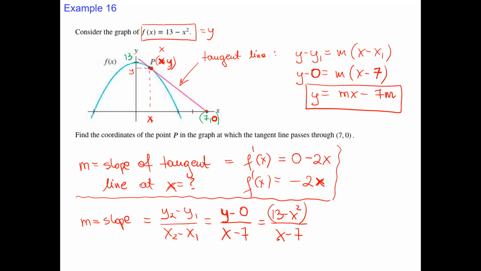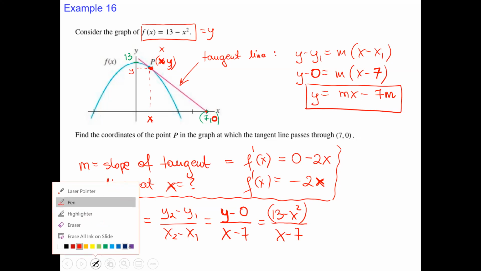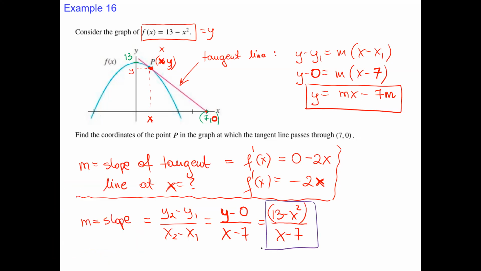Both of these formulas represent the slope of the tangent line. We can set them equal to each other: 13 minus x squared over x minus 7 equals negative 2x. And of course, x is not 7, we know that because for this equation, that's different, this is just the other point.